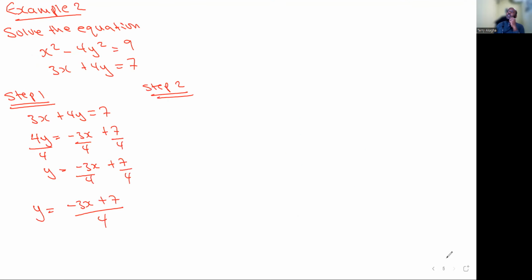So the second equation we have here, we have it as what? x squared minus 4y squared is equal to 9. So it's going to give us x squared minus 4 into bracket, the y is minus 3x plus 7 divided by 4 all squared is equal to 9.